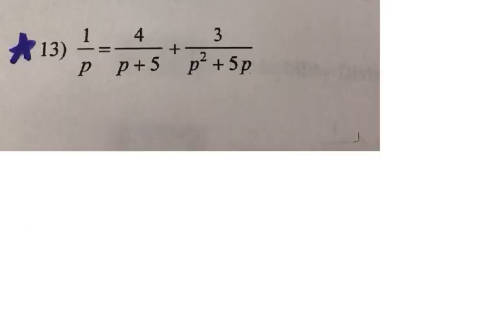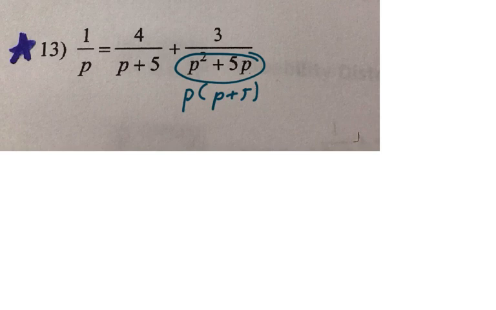Okay, let's do this one here. Again, notice over here, I need to factor. This time I'm just doing a GCF. I hope you agree that p squared and p divide by p, and that'll leave me a p plus 5. So now that I have it factored, I am now ready to do my common denominator.